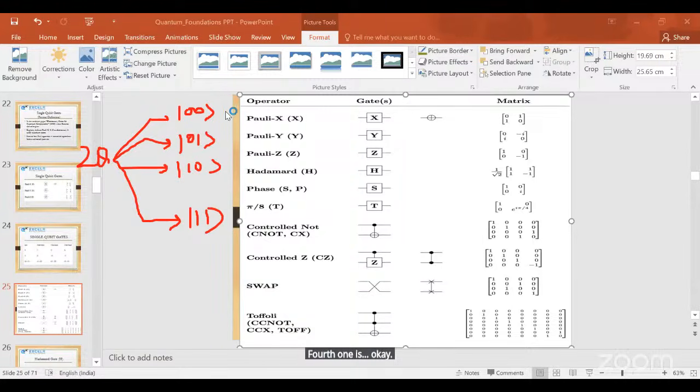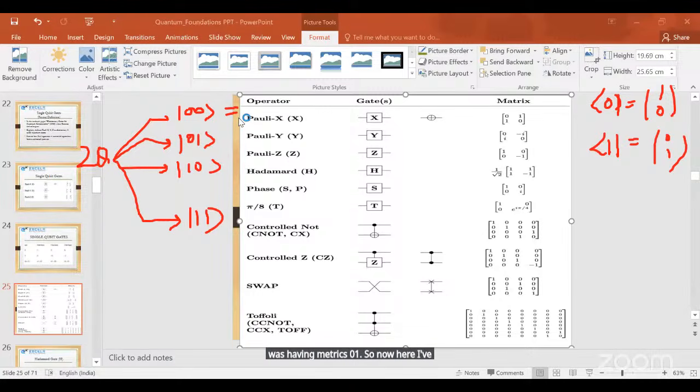So CAT 0 was having matrix 10, CAT 1 was having matrix 01. Now here you can directly take the tensor product.